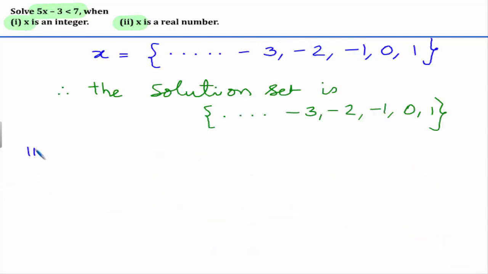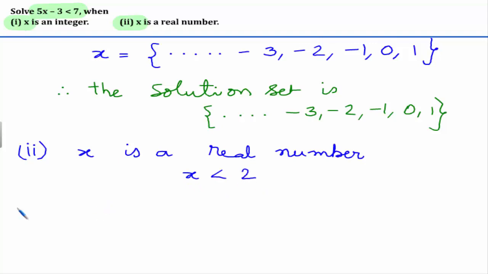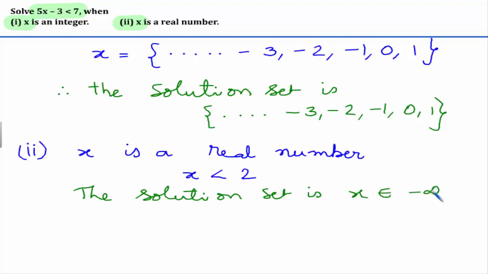Now let's see the second part, wherein x is a real number. When x is less than 2, then the solution is x belongs to (-infinity, 2), and this has to be an open interval as this is only the less than symbol.